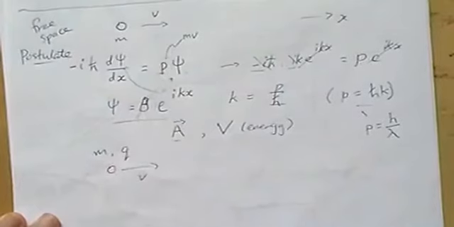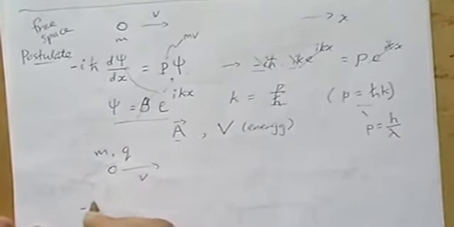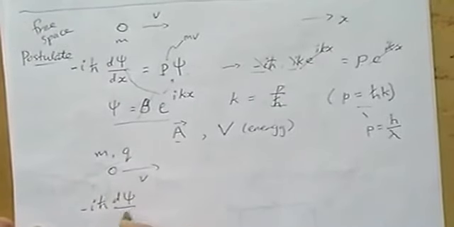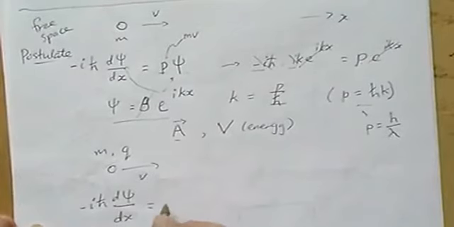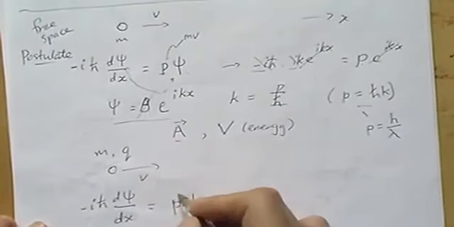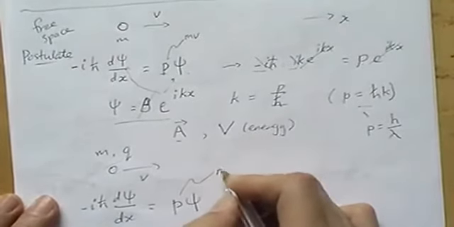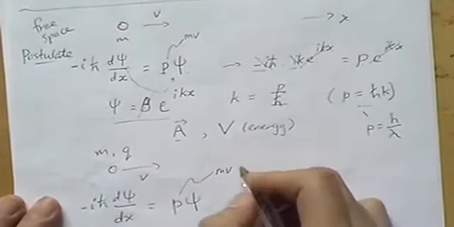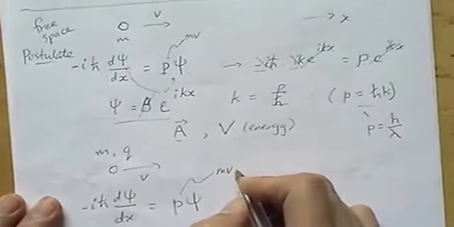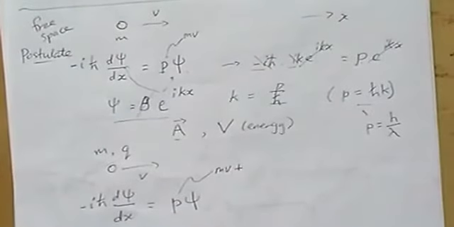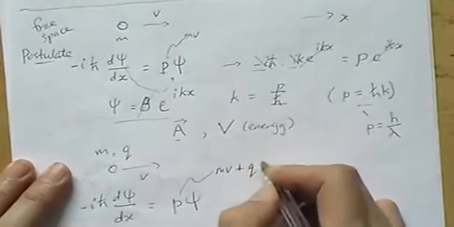So if I write down the postulate now, it would be actually the same as that, except that this time p is not just mv. p must be mv plus the field momentum qA.